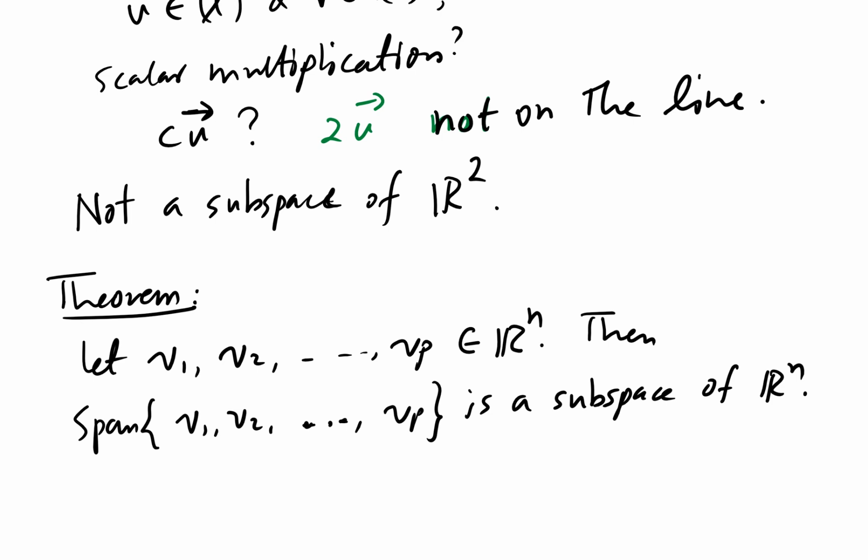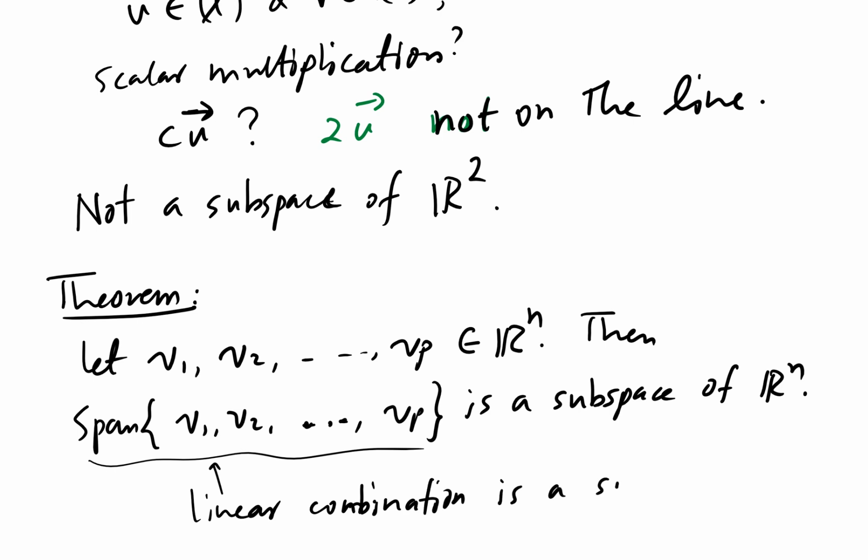In other words, we are saying that the linear combination, if you remember from previous sections, is a subspace of Rn. That's what the span means.